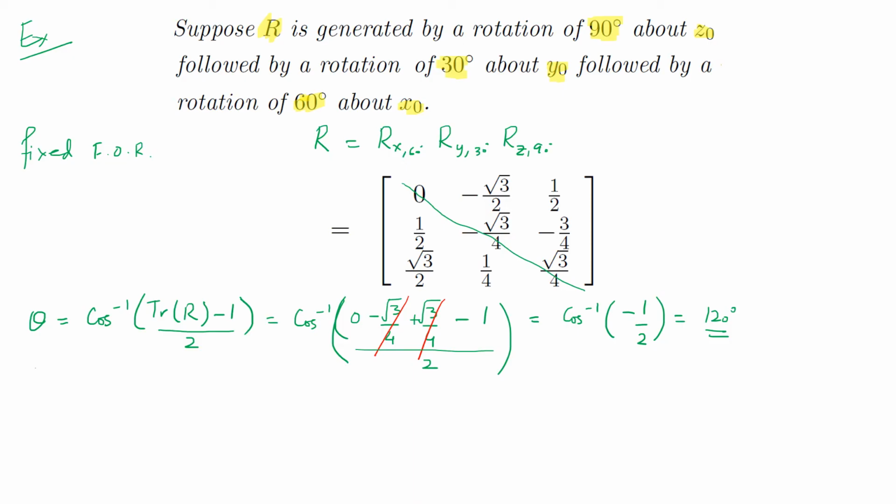That corresponds to vector k, which was 1 over 2 sine theta, if I recall correctly. And that was something like r32 minus r23, and then you had the other element, r13 minus r31, and the last one I suppose was r21 minus r12.